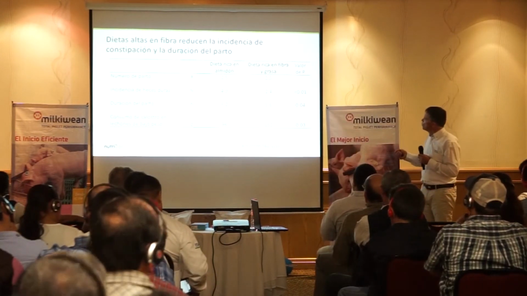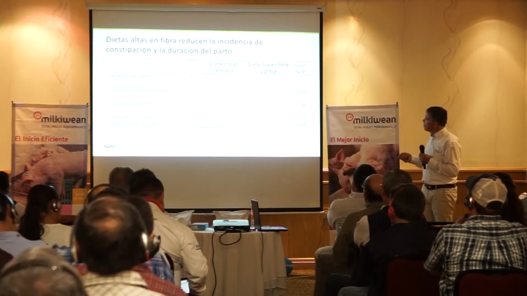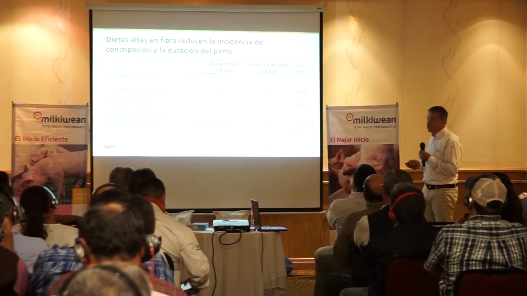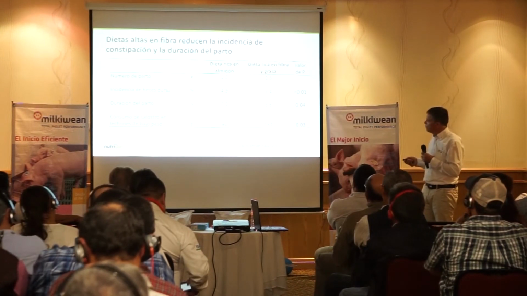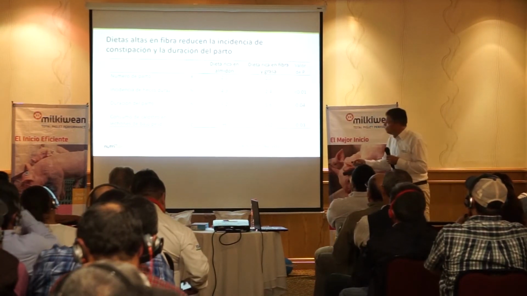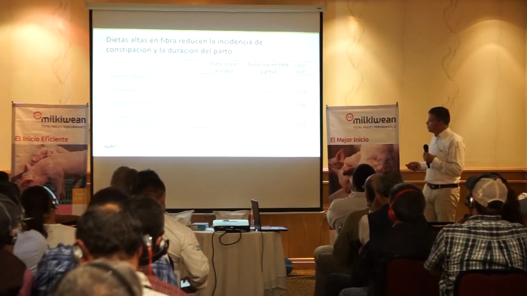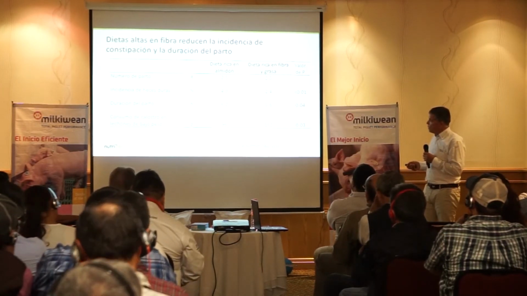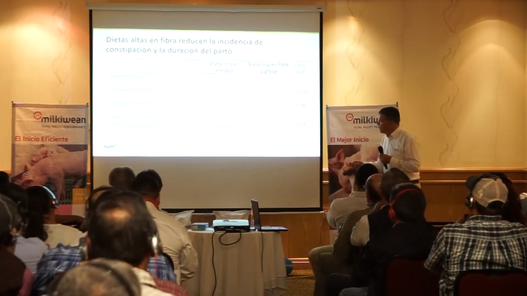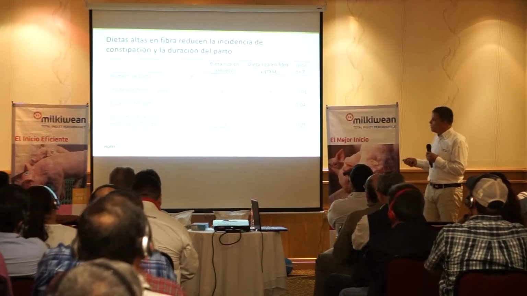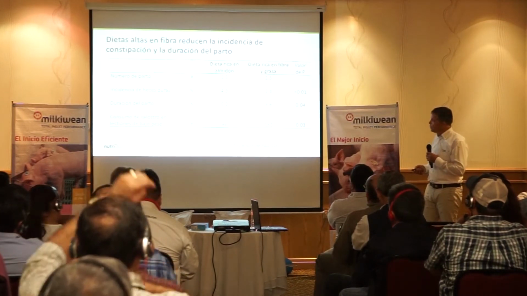And that is also shown in this figure that we could reduce the incidence of hard feces by 50%. And we found that we could also reduce the duration of the farrowing process. And another important factor is that we could increase the colostrum intake of the low birth weight piglets.